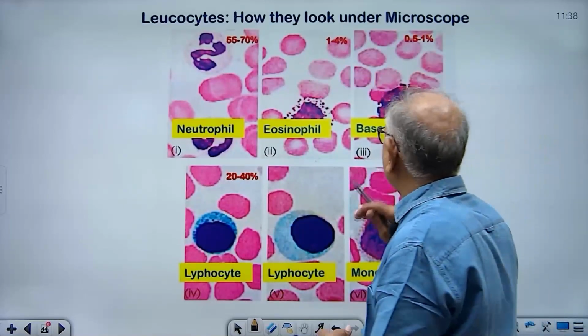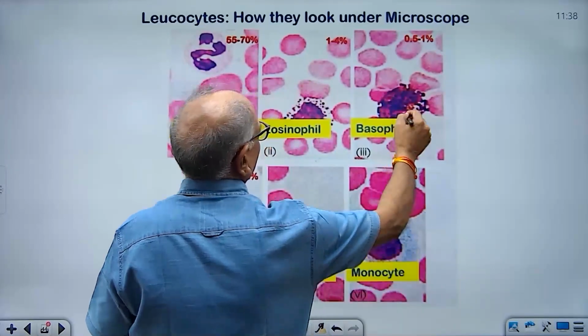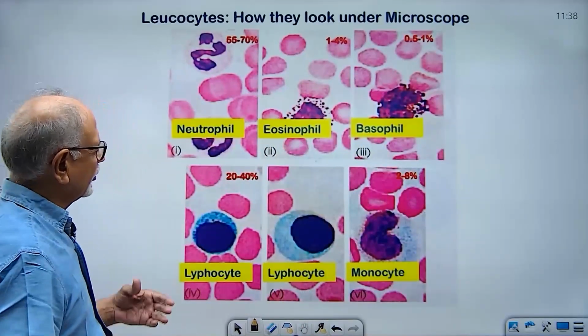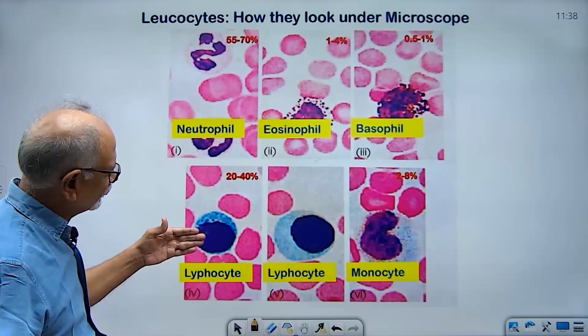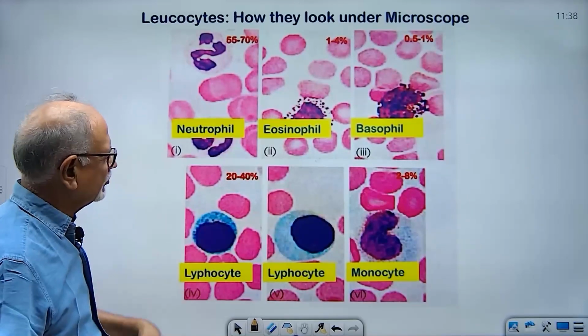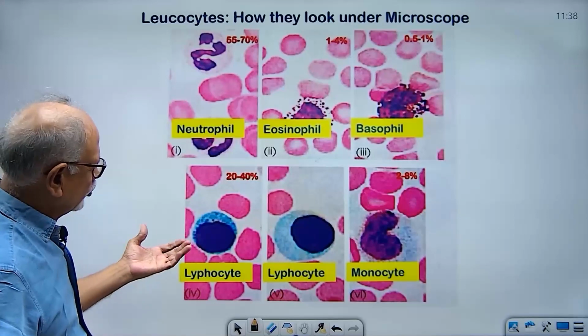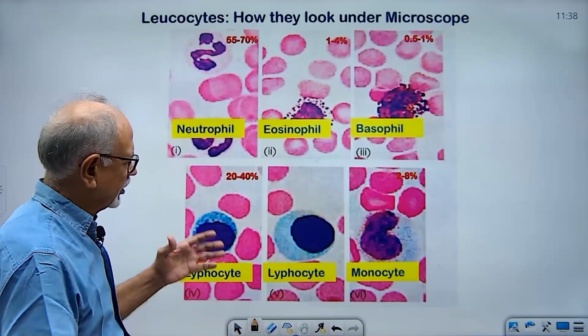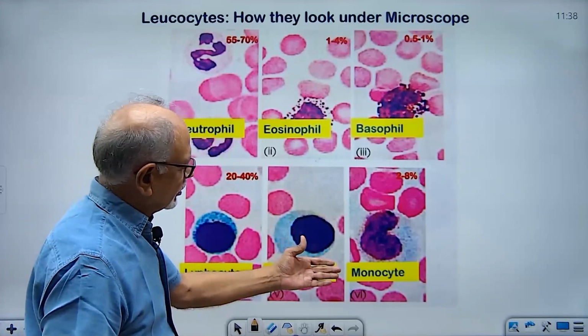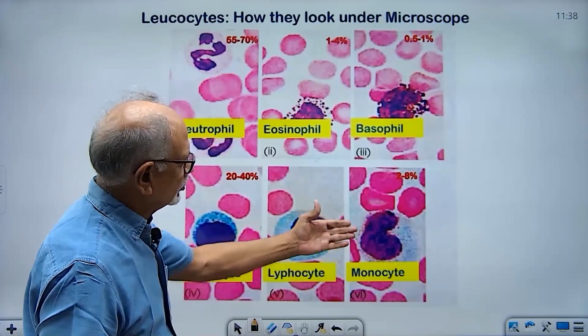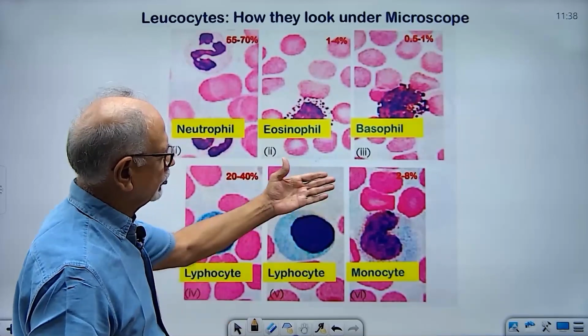These are basophils, they look like this, and are only 0.5 to 1%. Then there are lymphocytes. These are small lymphocytes. These are large lymphocytes with bluish cytoplasm and larger nucleus. Then there are monocytes here with kidney-shaped nucleus. They are only 2 to 8%.